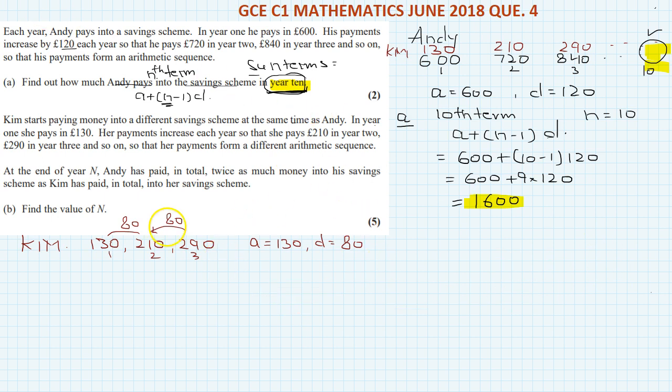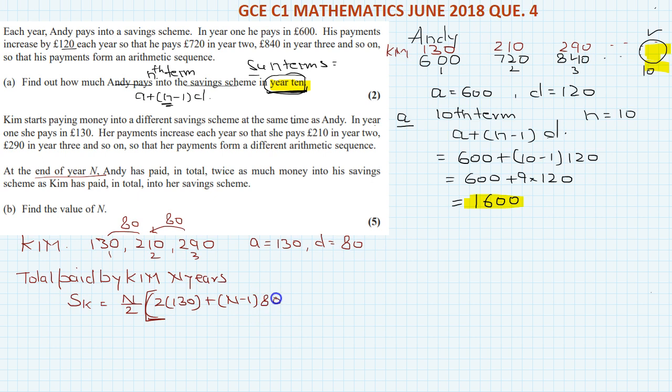Now let's come back to the question. The total money paid by Kim at the end of n years is n over 2 times 2a, a is equal to 130, plus n minus 1, d is 80.